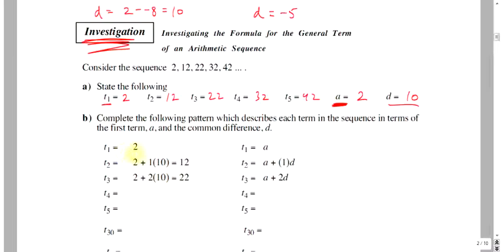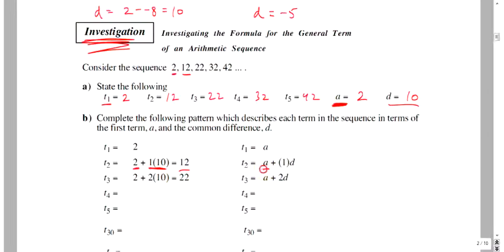Okay, let's write it a different way. The first term is 2. The second term, I don't want to write 12. I start with my first one, and I add one common difference. That gives me 12. Right? That's what we were doing in our head, wasn't it? Okay? Let's write it a different way.